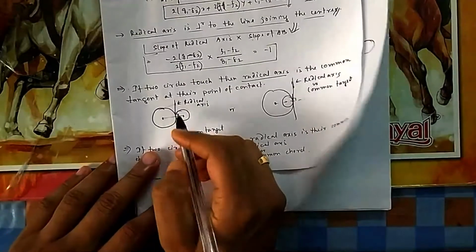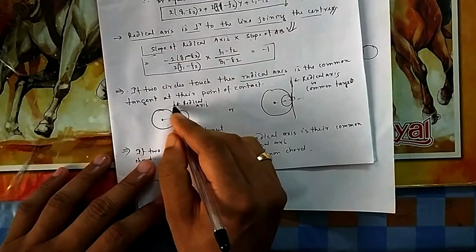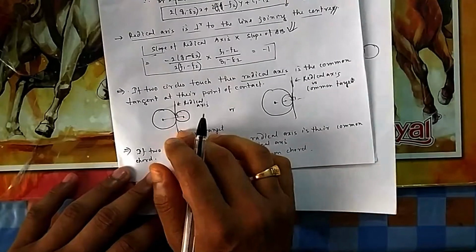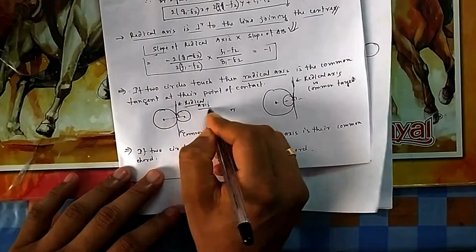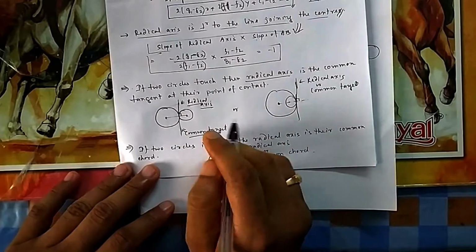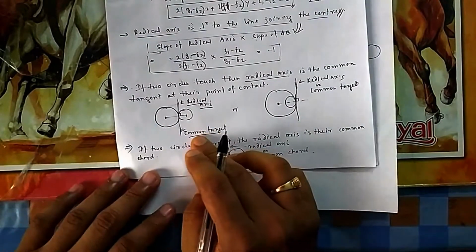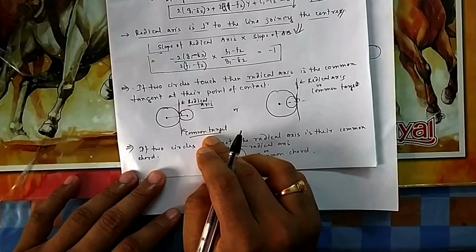If it went inside the circle, then you could not draw a tangent from it to that circle, because from the radical axis you can draw tangents to both the circles. So if it cannot go inside and it has to be perpendicular, it has to go through this point. So this is the common tangent. That's why the radical axis became the common tangent equation. So at basic level, while writing the equation for the common tangent, we write S2 minus S1 equal to 0.